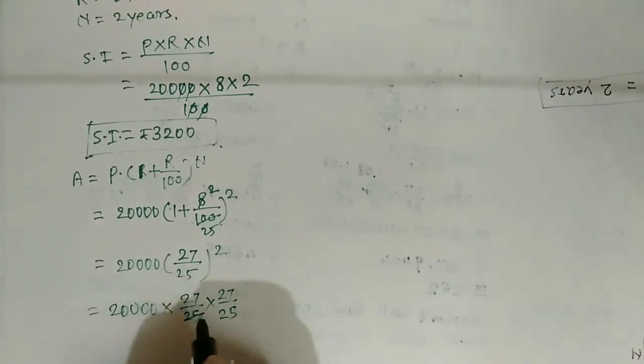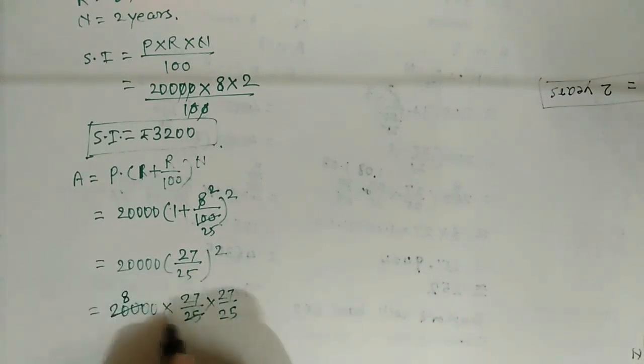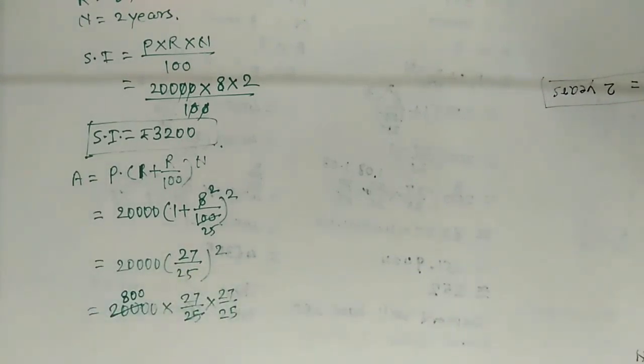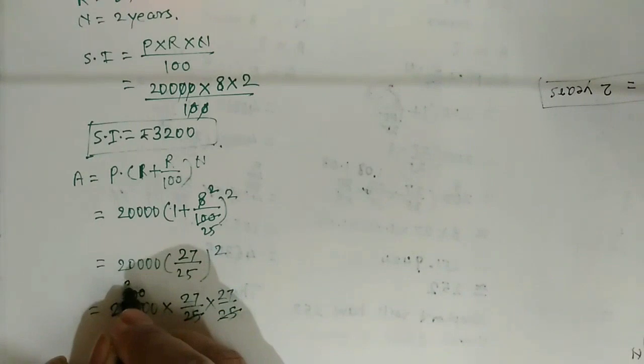So 25 8s are 200, 00 as it is. Again 25 3s are 75, 25 2s are 50.